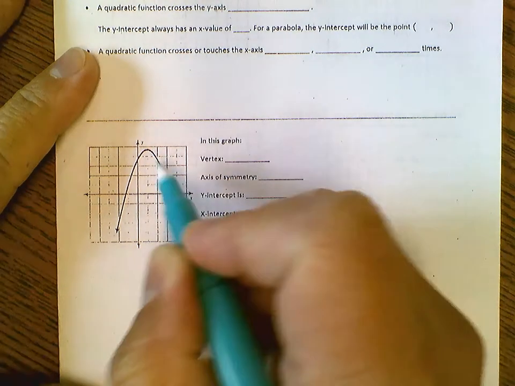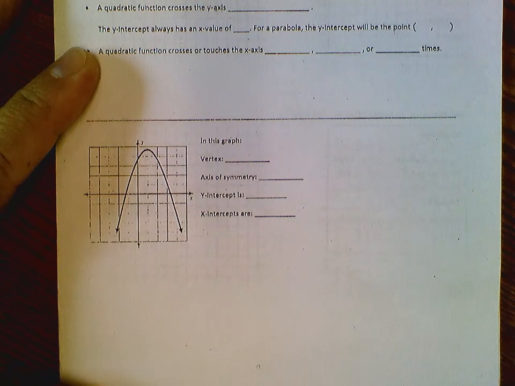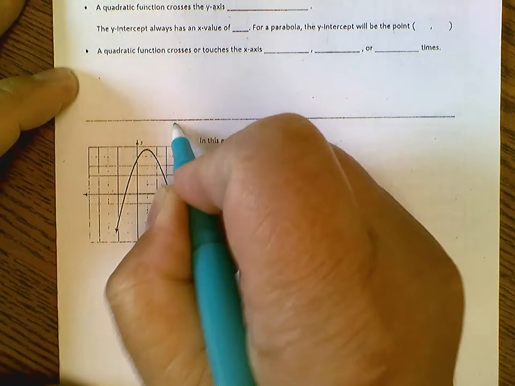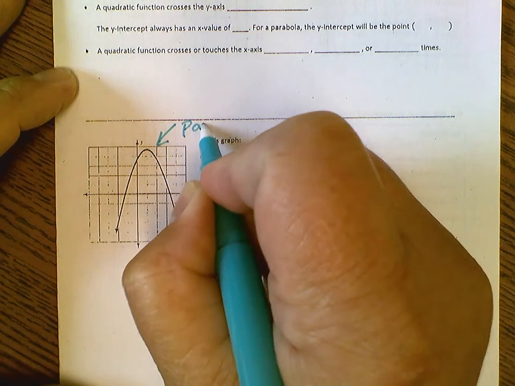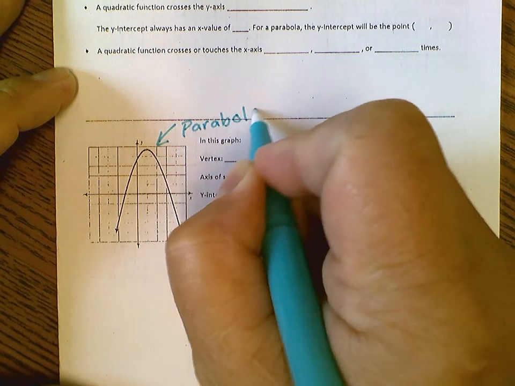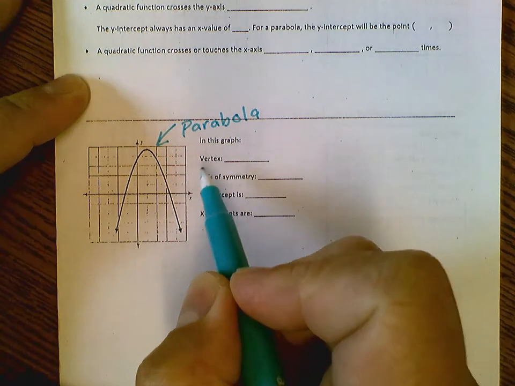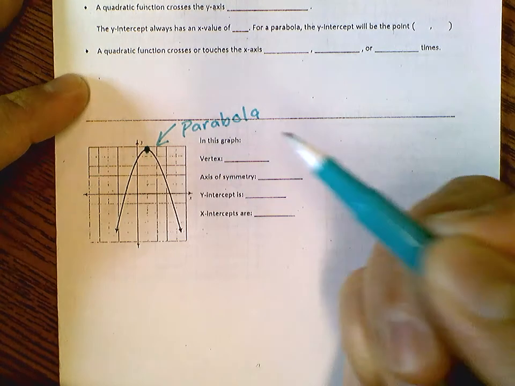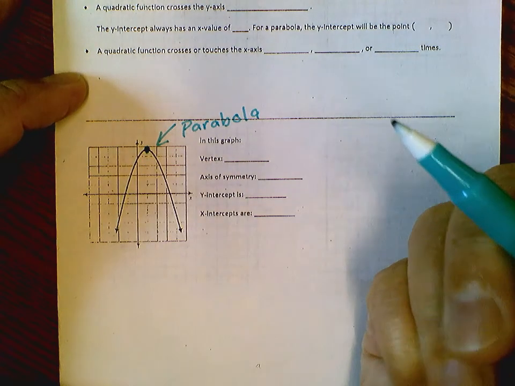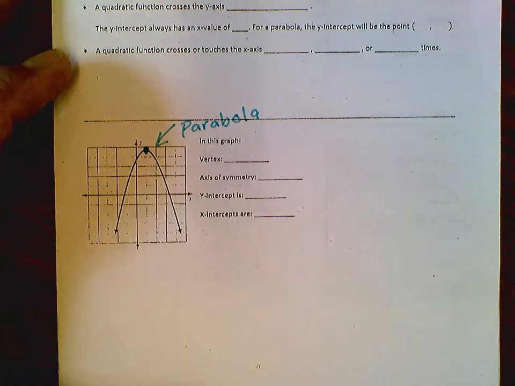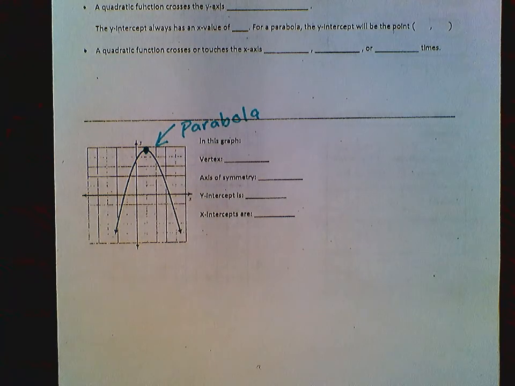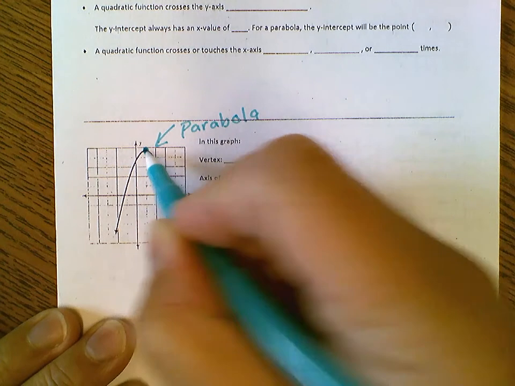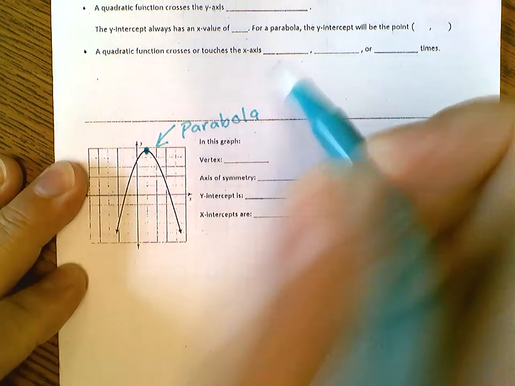So the shape of the graph is called a parabola. So don't forget that this is a U-shaped graph called a parabola. And the vertex is that point at the tippy top. And in this case, our vertex is not at an integer point.